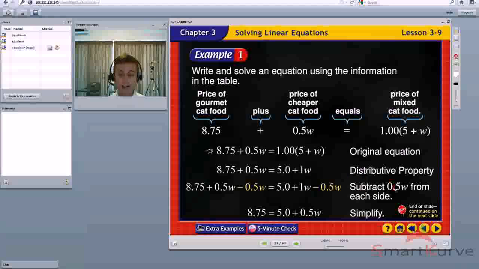Now subtract 0.5 W from each side. 8.75 plus 0.5 W minus 0.5 W equals 5.0 plus W minus 0.5 W. That leaves us with 8.75 equals 5 plus 0.5 W.